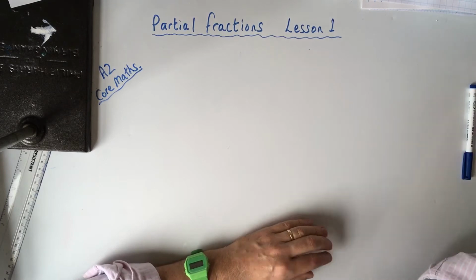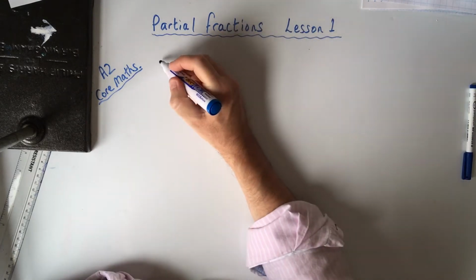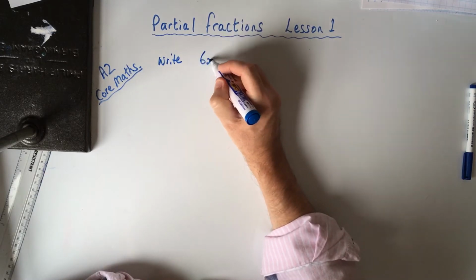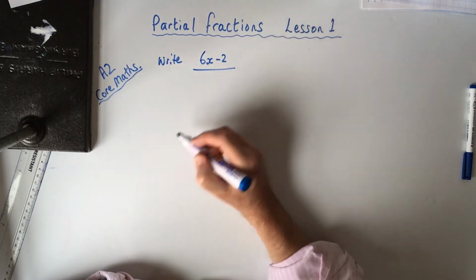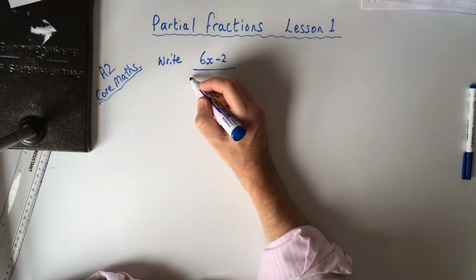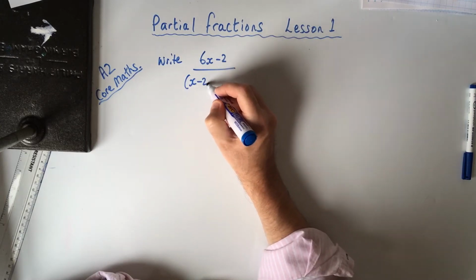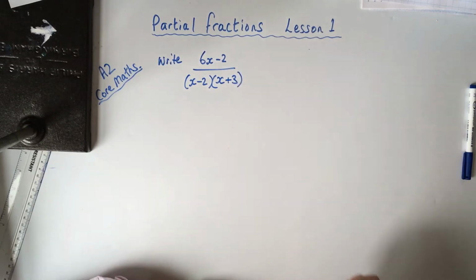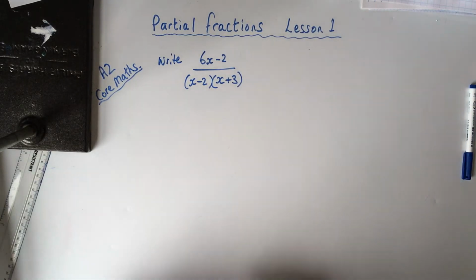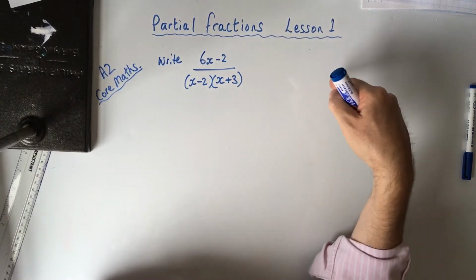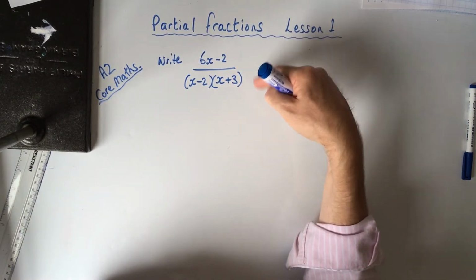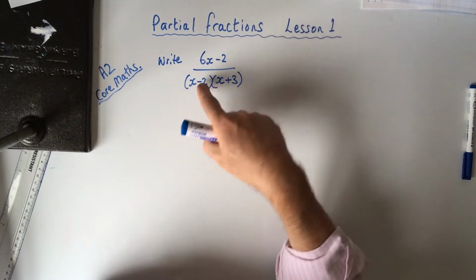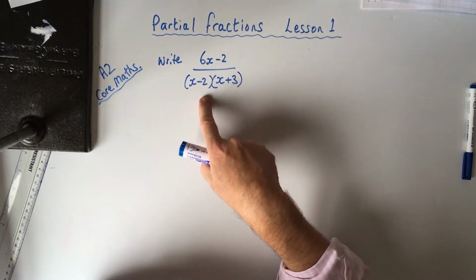So let's start with a question then. My first question is, write the algebraic fraction 6x minus 2 over, and I'm going to give you a quadratic on the bottom, but a quadratic that's been factorised. There we go. This is like the 7/12. You've got your bit on the top, and the bottom is bigger because this times this gives us an x squared.